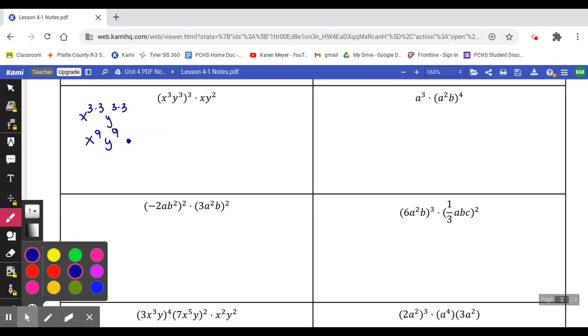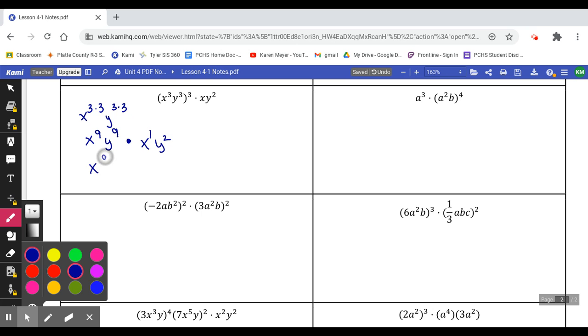Then you're going to multiply that by x y to the second. Remember, if that x doesn't have a power, make sure you put in the magic little 1. And this time we're multiplying, so you have to remember our first rule: if you are multiplying, you add exponents.